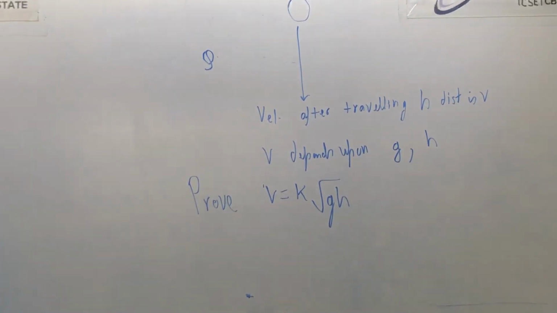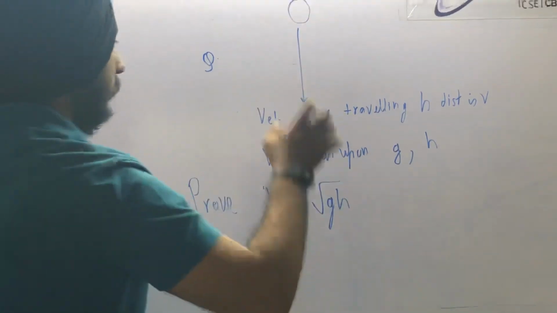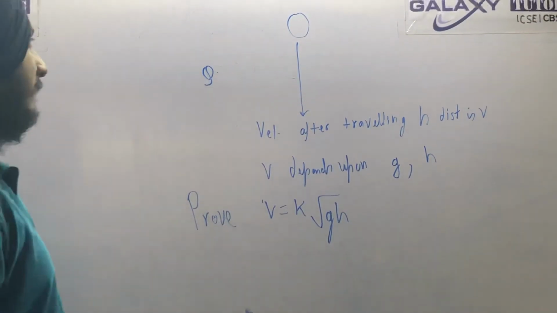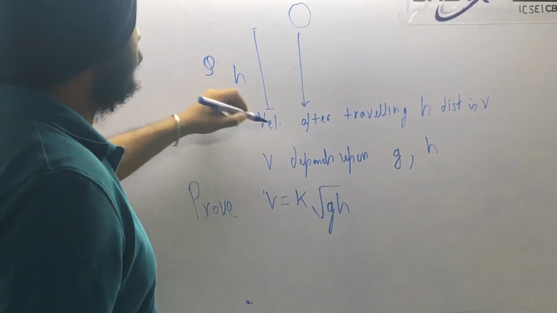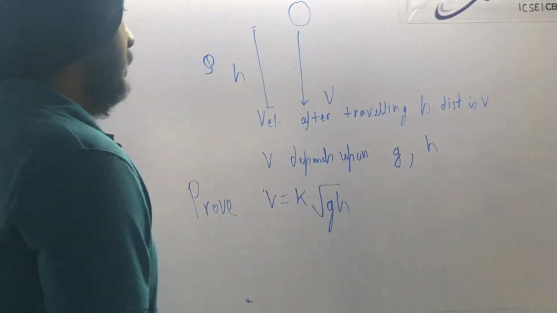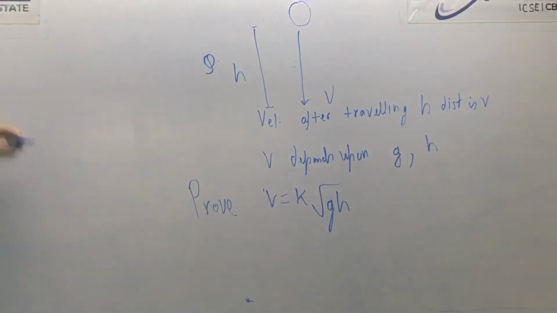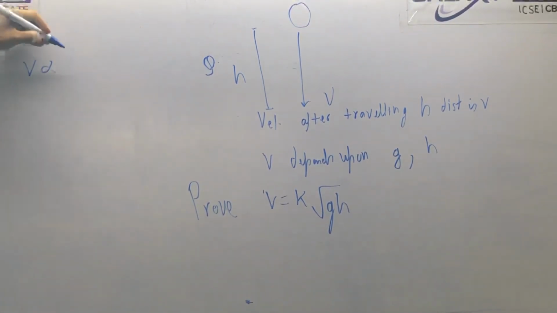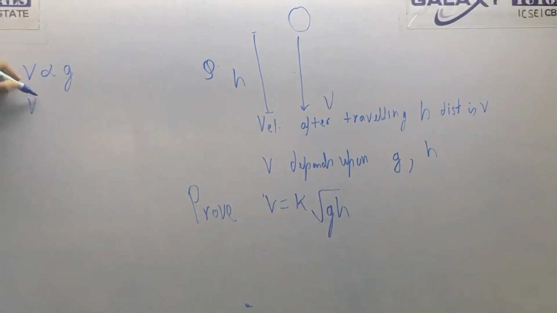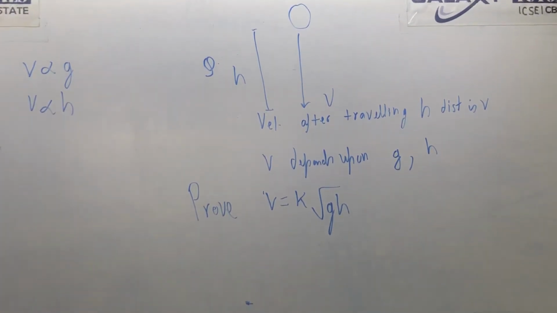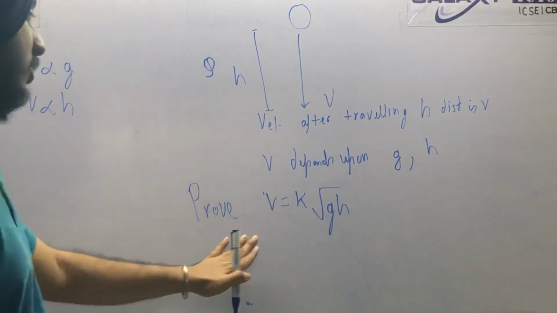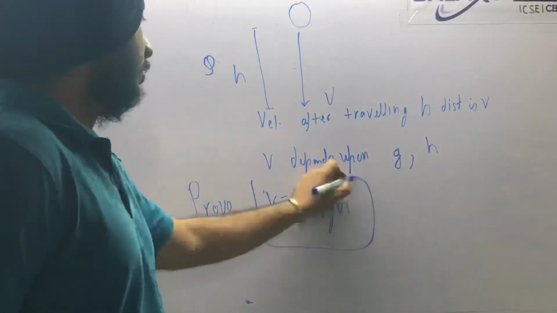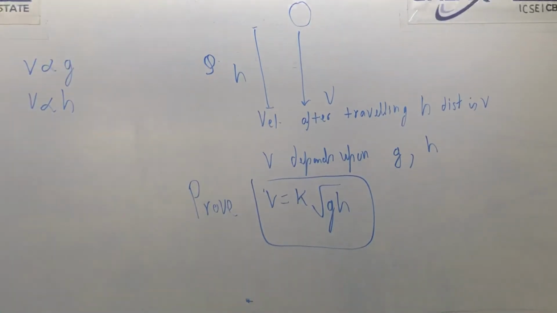So what they have given in the question is that a ball has been thrown, and when it reaches a distance of h, its velocity is v. So here they have given us that v is directly proportional to g, v is directly proportional to h. They have said in the question v depends upon g and h. We have to prove that this relationship is true: v is equal to k under root gh.